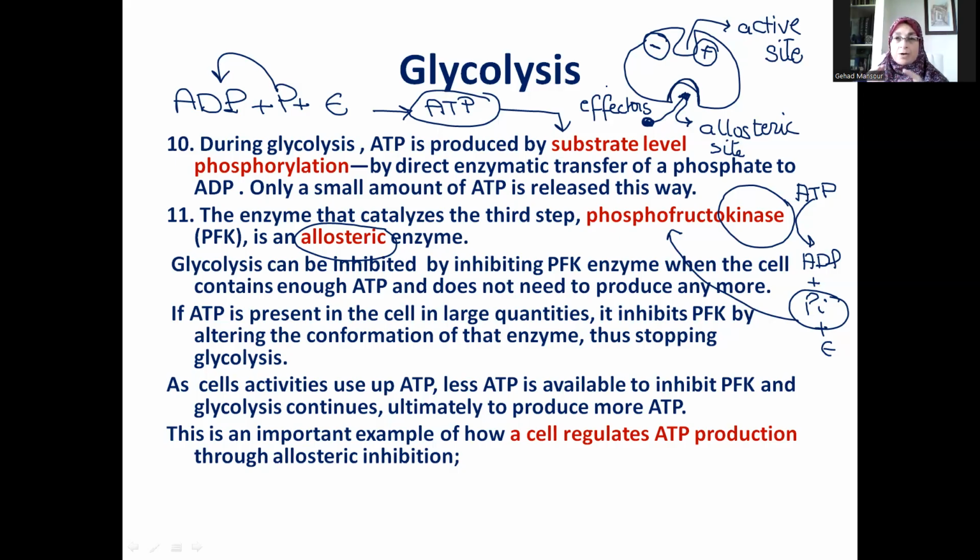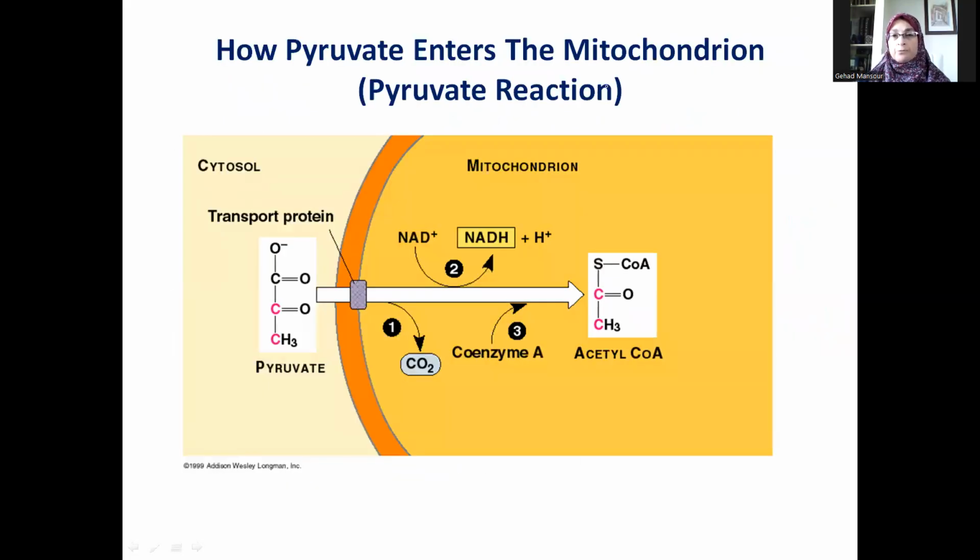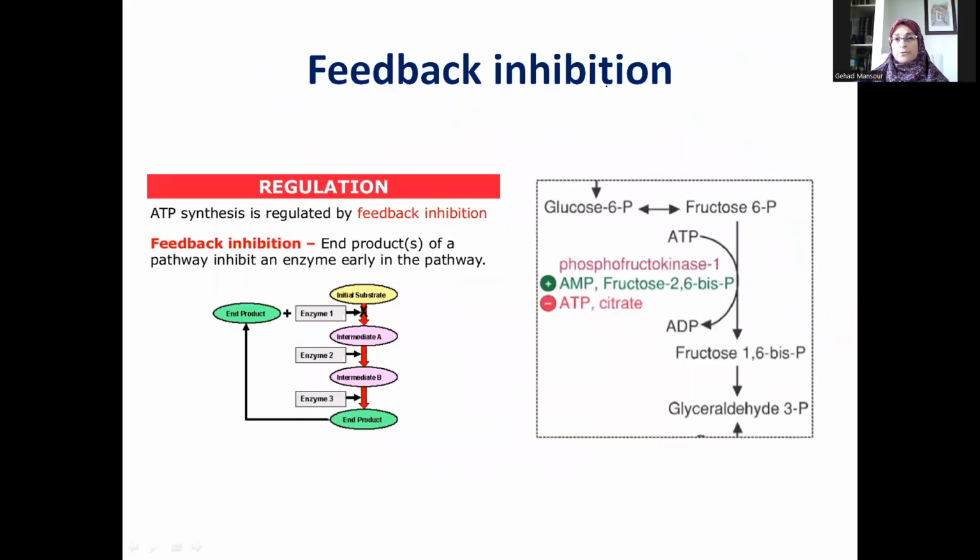And we will see how this allosteric property of phosphofructokinase is important for regulation of glycolysis and regulation of the rate of production of ATP in the cell. For example, if we look here at this diagram, here we have glucose.